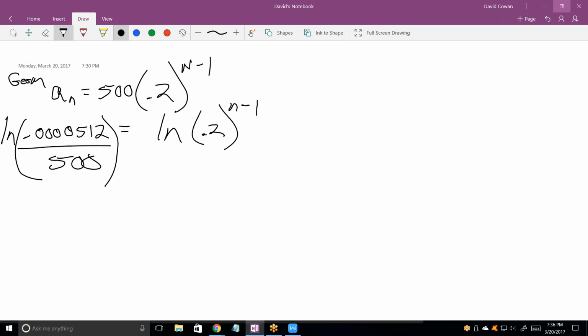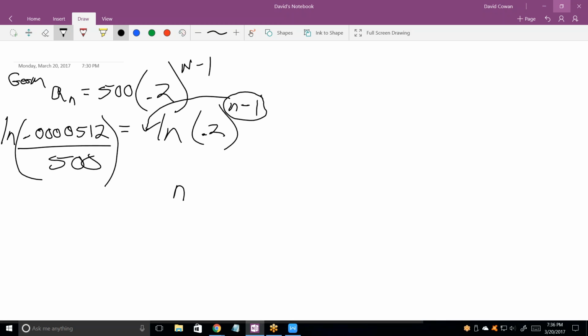Now, once I do this, why did I do it? What does it allow me to do? Once I got it in log form, I can take that exponent and, using the rules of exponents, put it right in front like that.